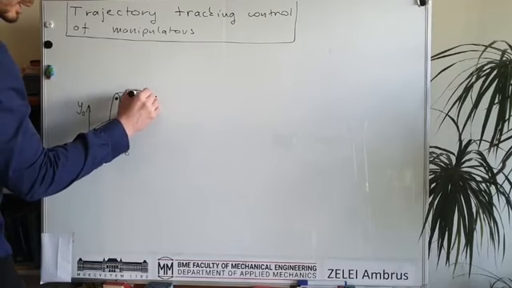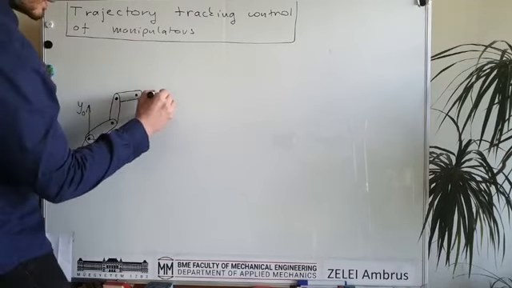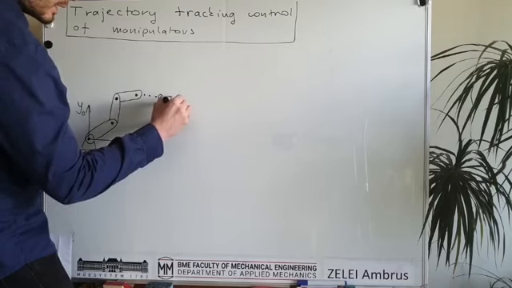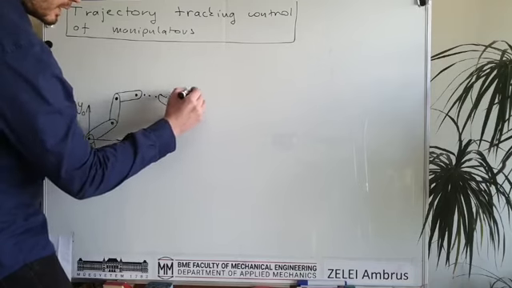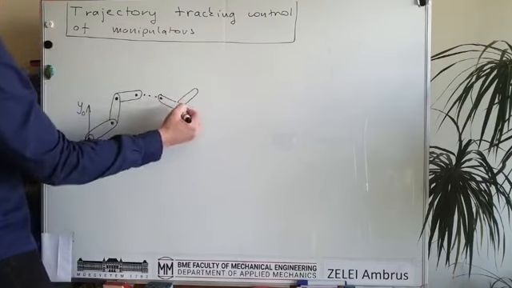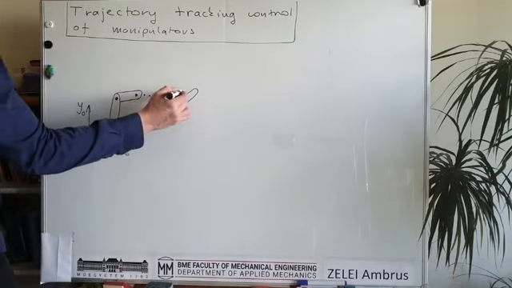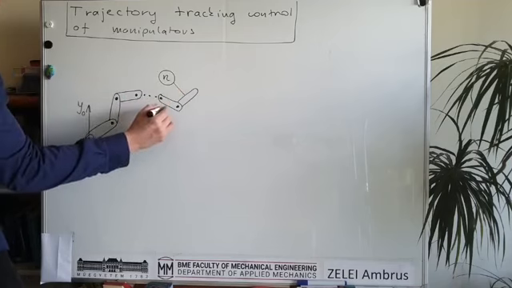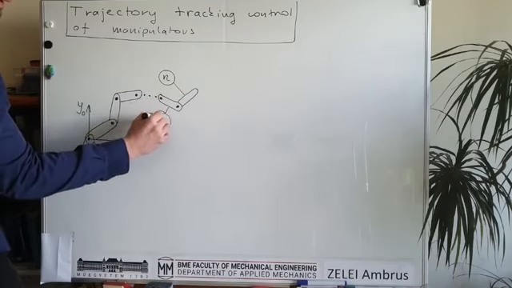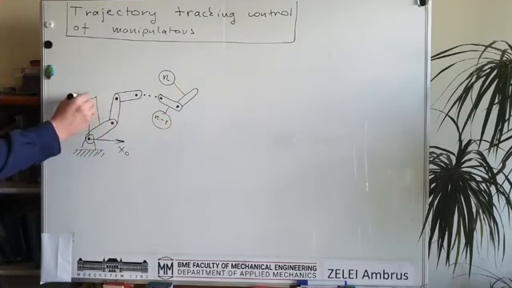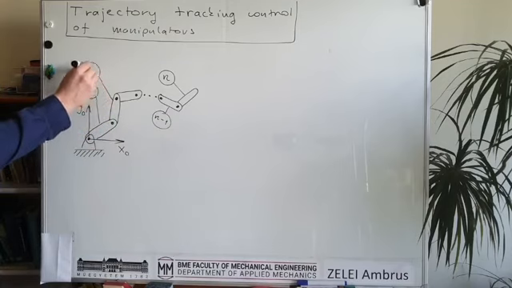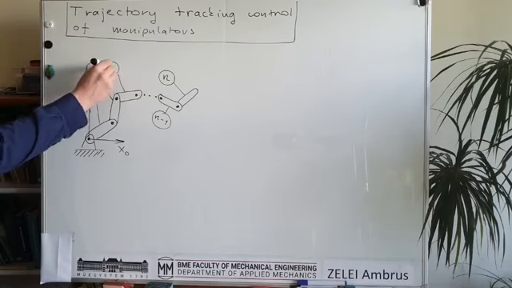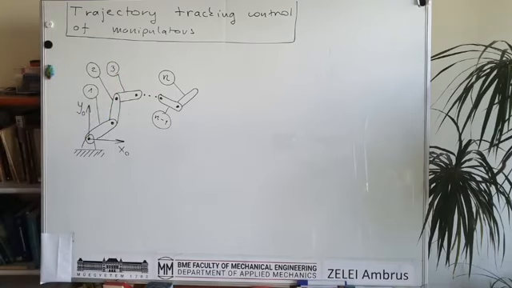So there are several links, and finally there is the last link here, and the index of the last link was always n, and this is n-1, and this is link number 1. This is the first moving link, the second and the third.